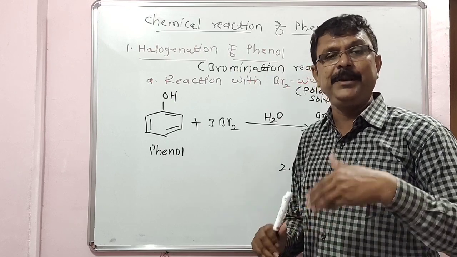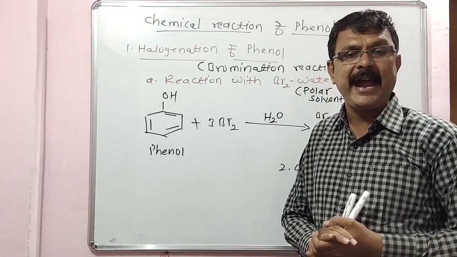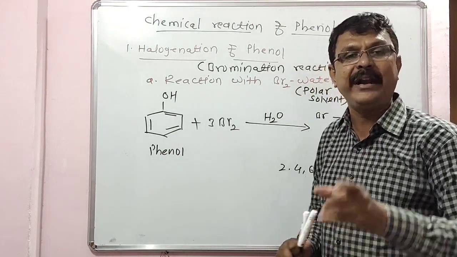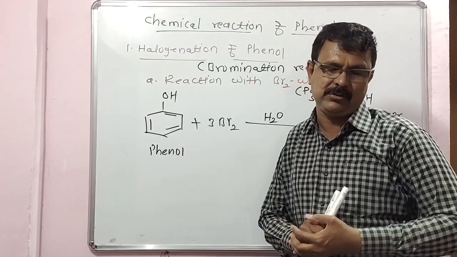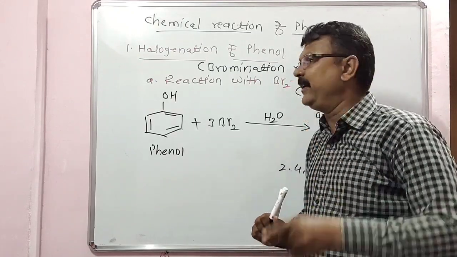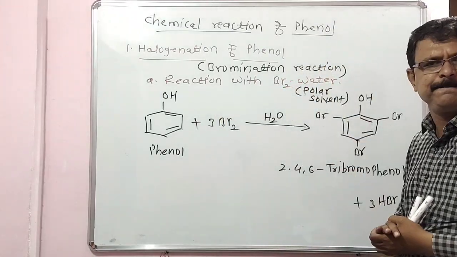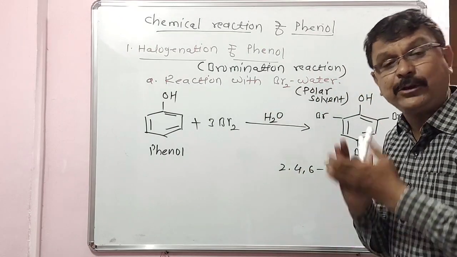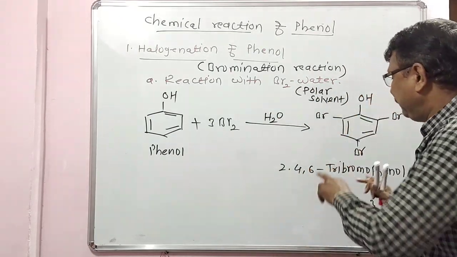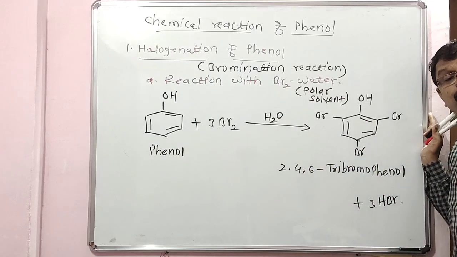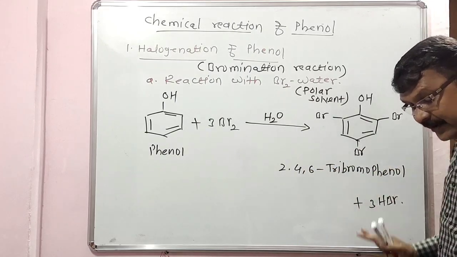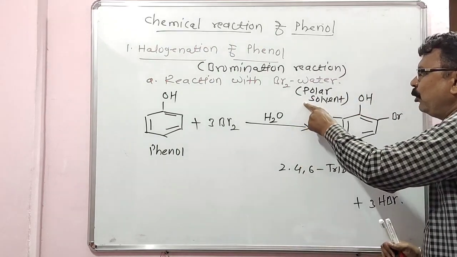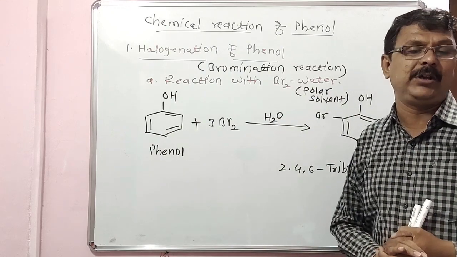Bromine water is a polar solvent, and Br2 in CS2, Br2 in chloroform, Br2 in carbon tetrachloride are non-polar or less polar solvents. So when phenol is reacted with bromine water at room temperature, it gives a white ppt of 2,4,6-tribromophenol. This is the brominated product of phenol using a polar solvent.